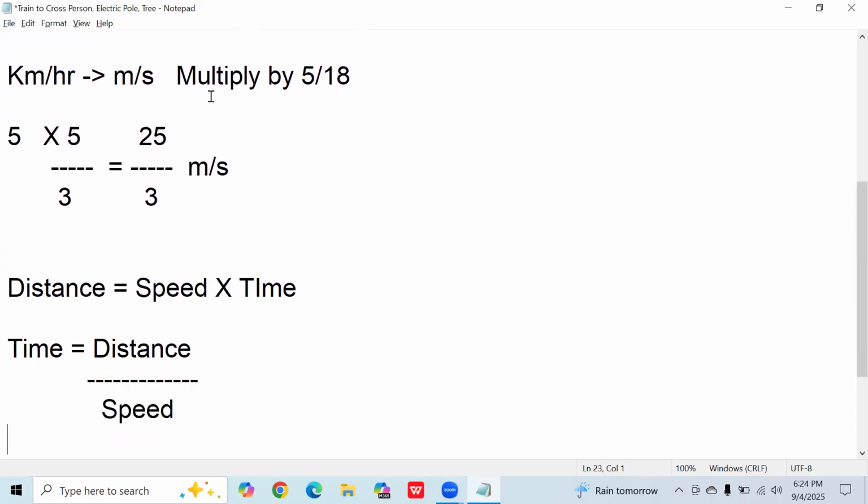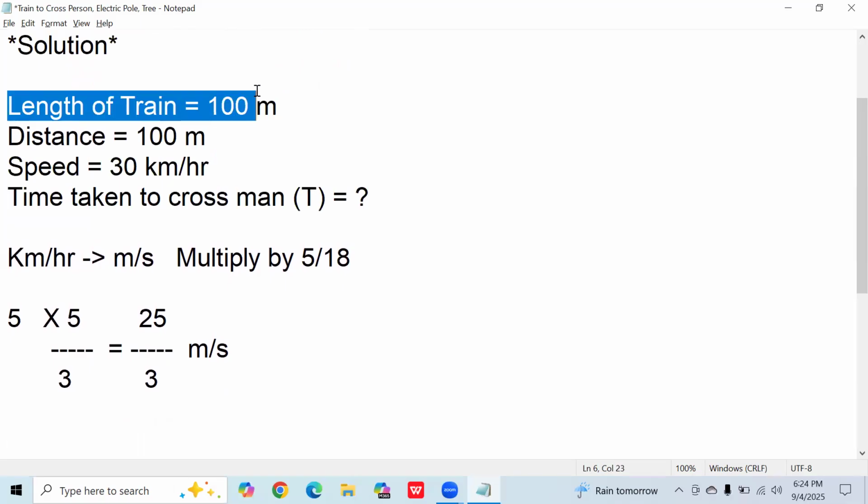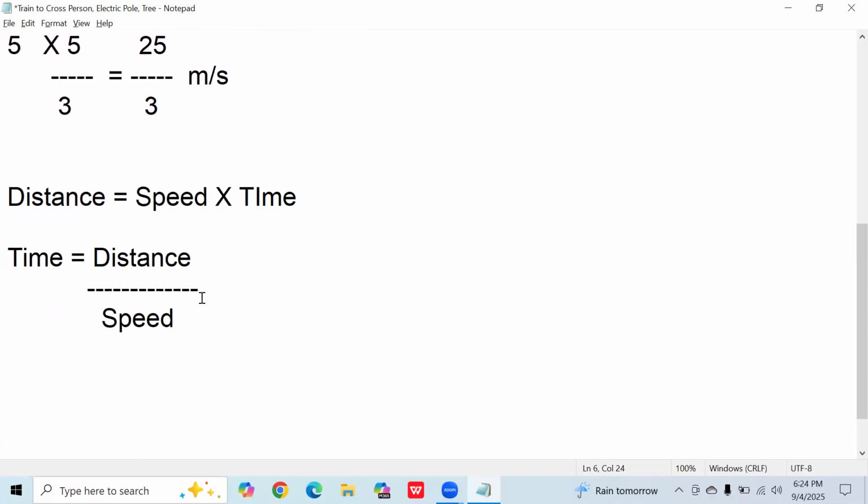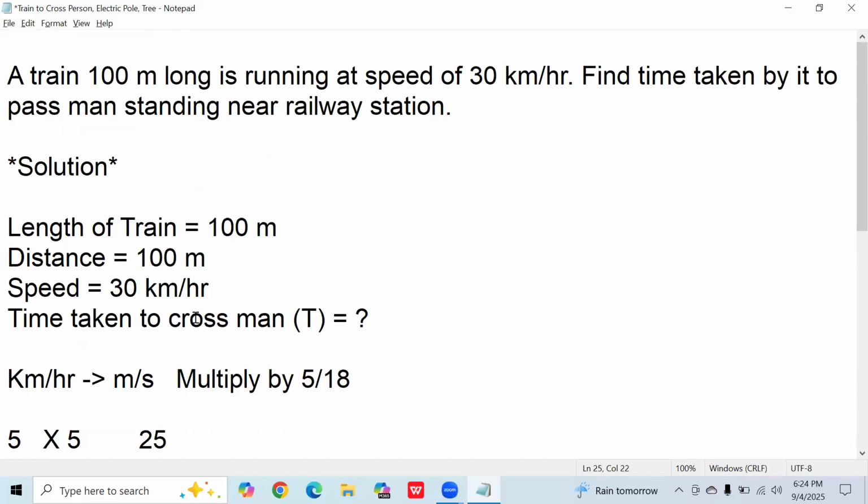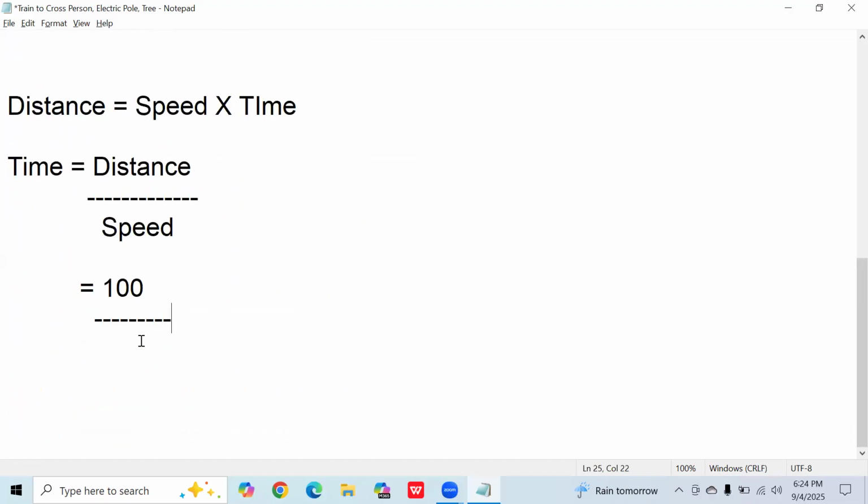So what is our distance? The train has to cover the distance of its length only. So 100 meter is the distance. We just put 100 here. What is speed? We have converted our speed from kilometer per hour to meter per second. So it's 25 upon 3. If you see, this is the denominator of a denominator, so it will basically come as a numerator.